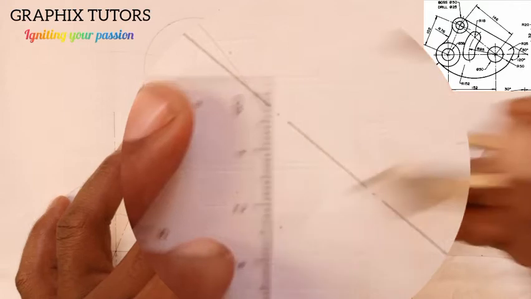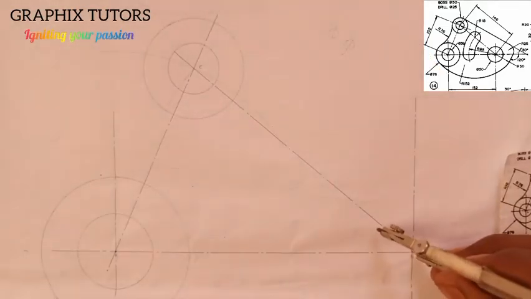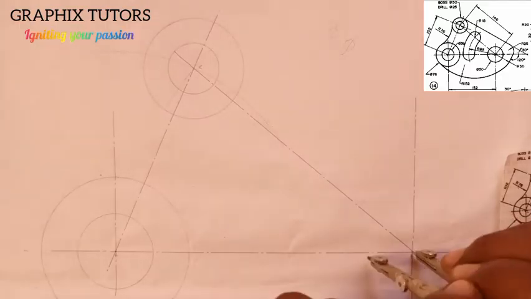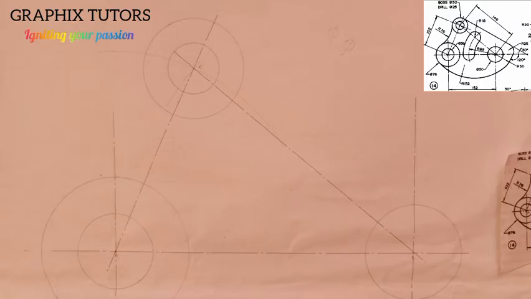So I'm going to place it at that center point here, point B. Then I'm going to draw the circle of radius 25, and this time I'm going to thicken it, right? So let's move forward. So I'm going to thicken it. Now I've done that.